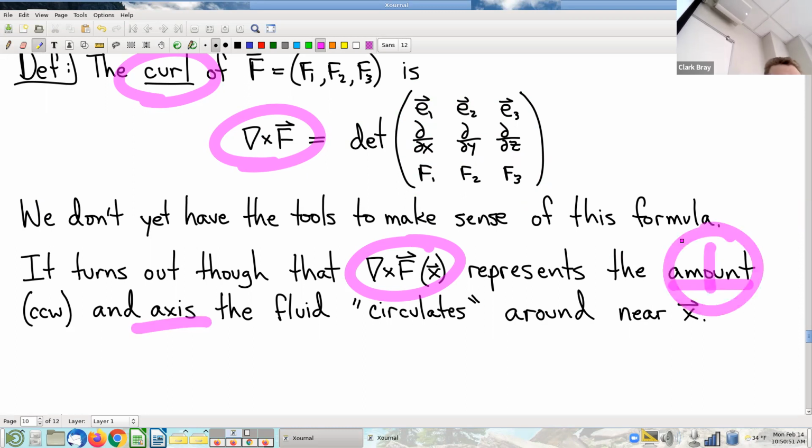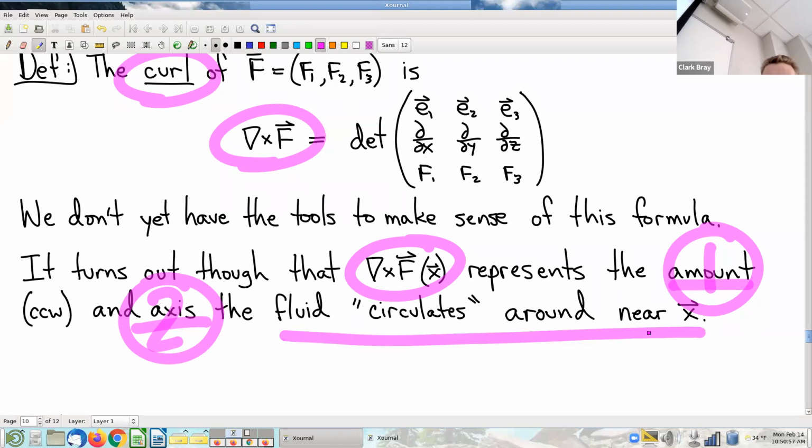First, how much, and second, around what a fluid is kind of circulating, and you can say this in different ways. You might think of the fluid as rotating or spinning, or you can think of it as little tornadoes called vortices. Lots of different words that all kind of talk about the same thing.